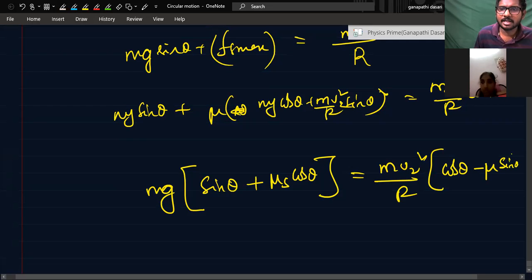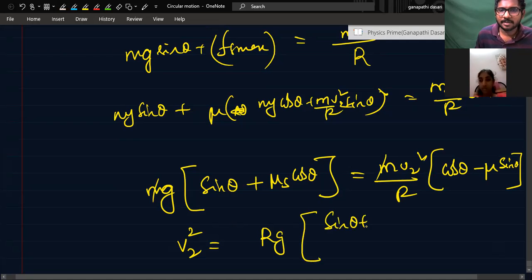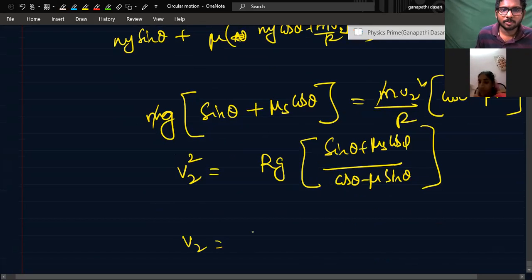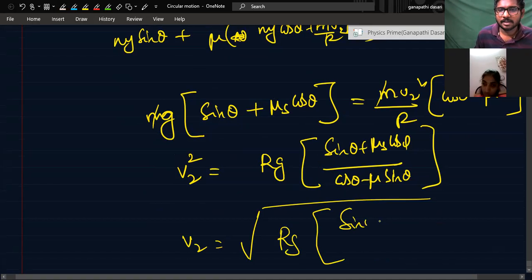Got it? How did I do it? So m cancels. Again, v2 square is rg into sin theta plus mu s cos theta divided by cos theta minus mu s sin theta. So V2 is equal to root over rg into sin theta plus mu s cos theta by cos theta minus mu s sin theta.